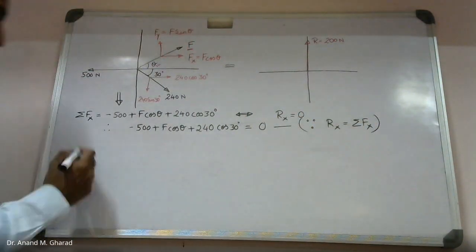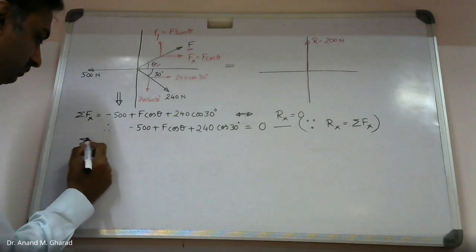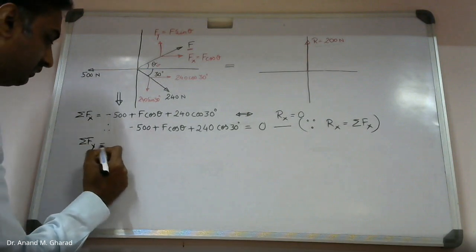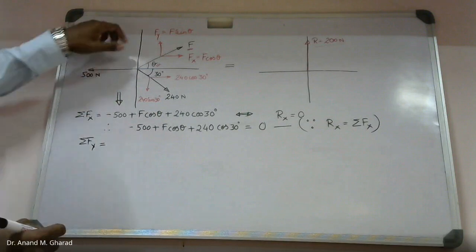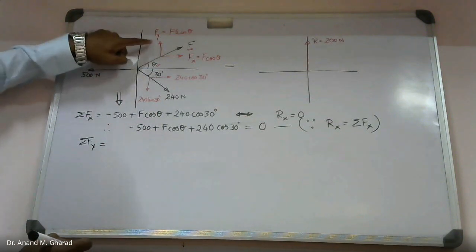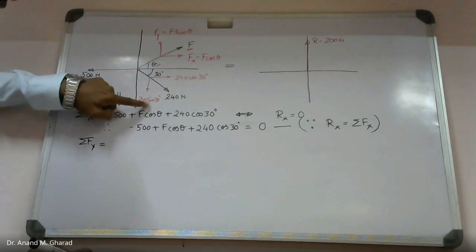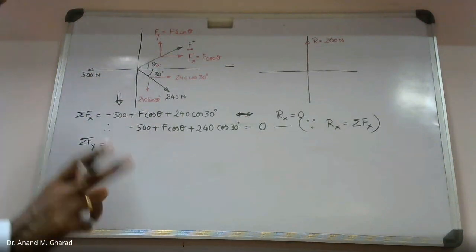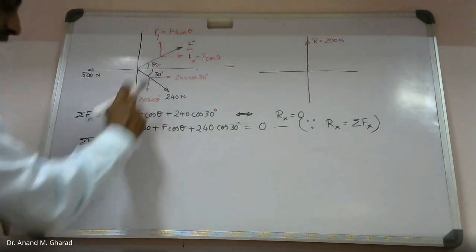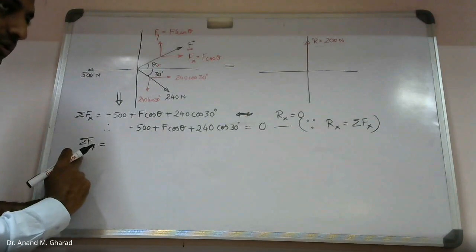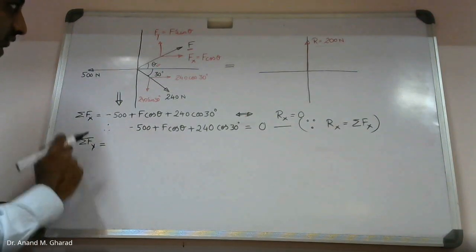Then summation of force in y direction. How many forces are there in y direction? You can see F sin theta and 240 sin 30. These are the only two forces associated to the y direction values.